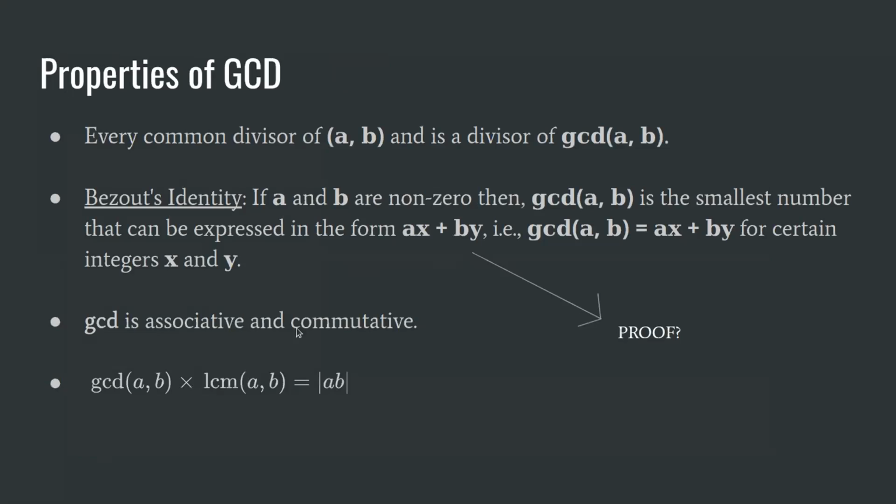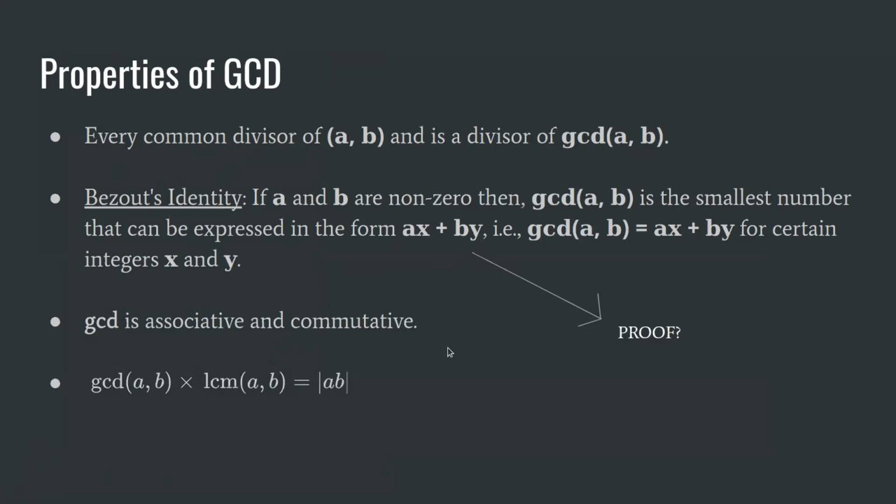Okay, so let's cover some properties of GCD. Often you find certain insights through these properties that you can use in further problems. So one very simple thing is that every common divisor of A comma B is a divisor of the GCD by default, because GCD is the greatest common divisor.